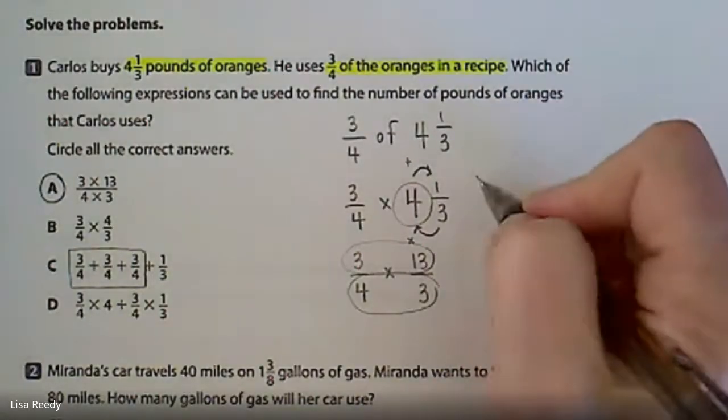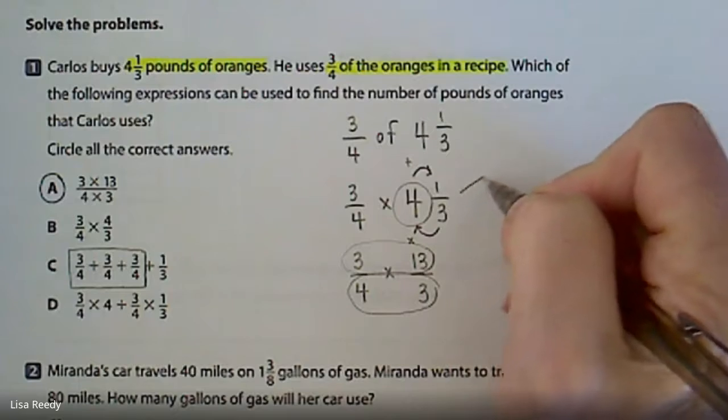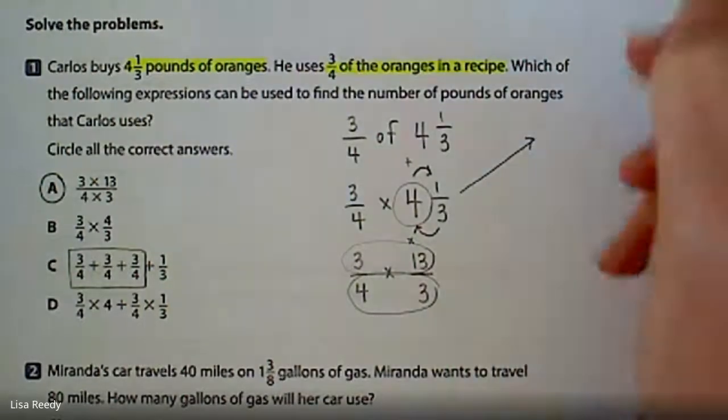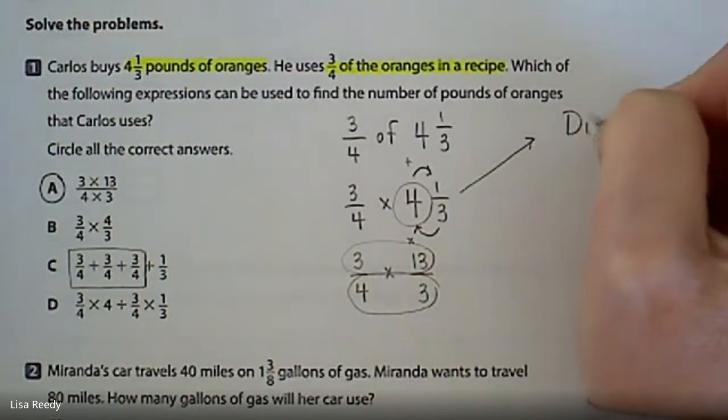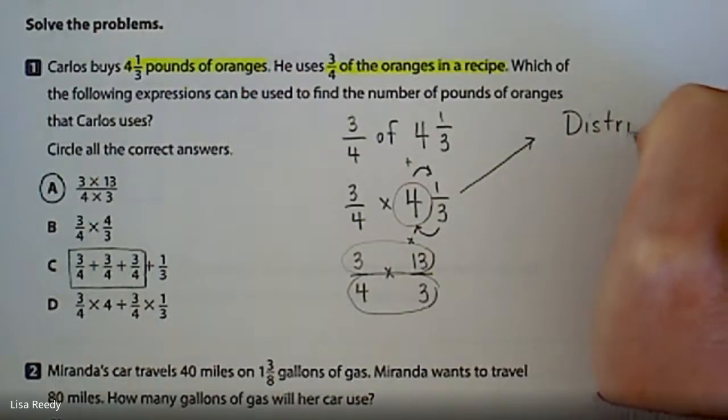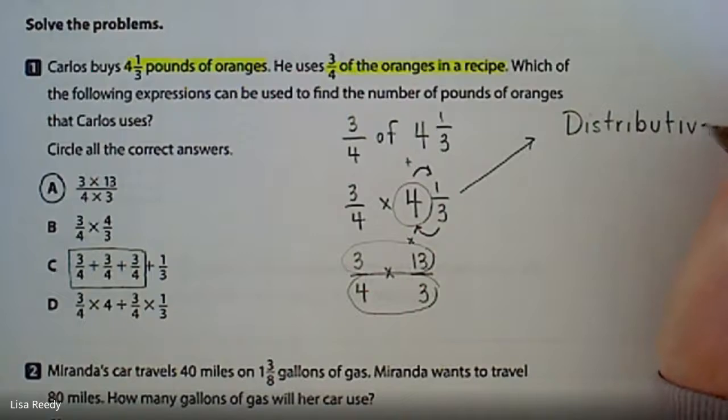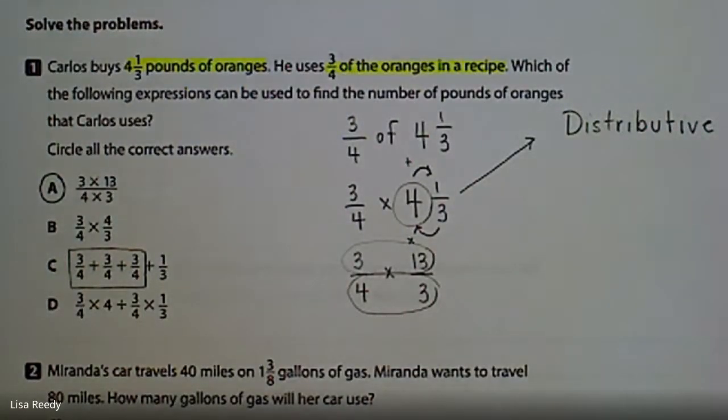When you're solving 3/4 times 4 1/3, another thing you can actually use is the distributive property. Now, we would have learned this if we weren't virtually learning. So this is something new that you would have learned. Multiplying mixed numbers times just a fraction or a whole number.